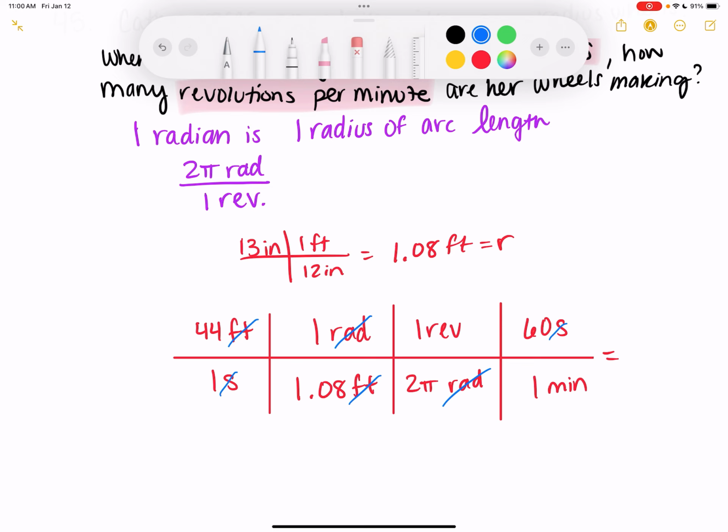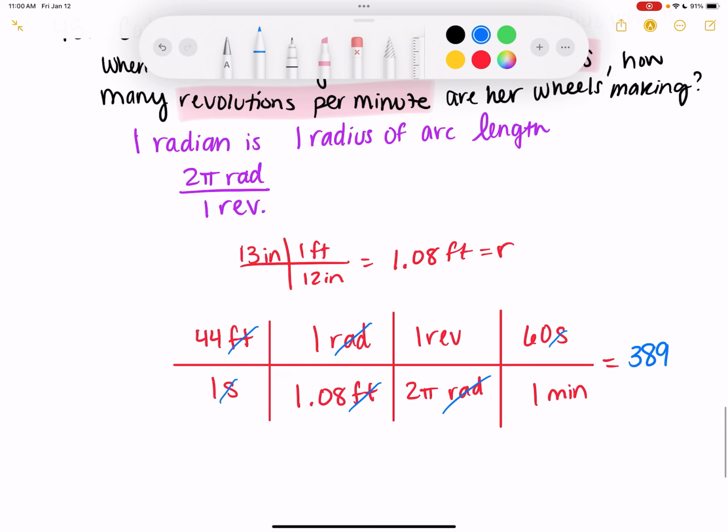Virginia, do you want to read it? I'm too scared. I got a really big number. You can do it, Virginia. Are you kidding? Did you multiply 44 times 60 and then divide by 1.08 and divide by 2 pi? How did you get that? We should let Virginia keep on trying until she finally gets it right. Oh, now I got it.